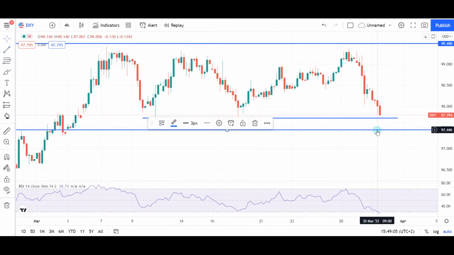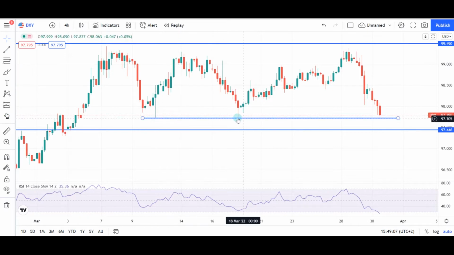As you can see here, this level has worked as a support level on the 10th of March and on the 17th of March, and each one made another rise in the rally.